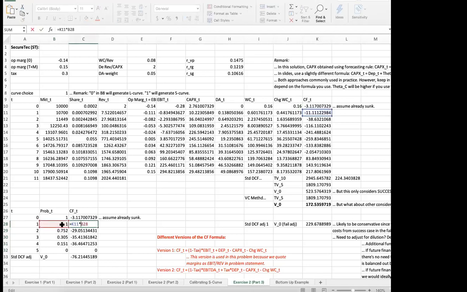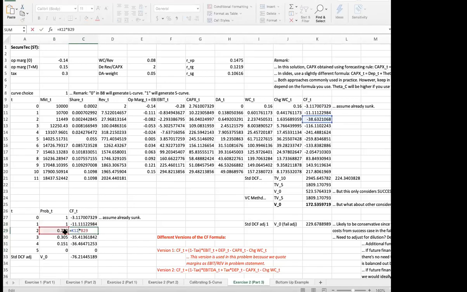So you'll notice I take this Q_t parameter and multiply it by my cash flow forecast conditional on success. So on average for a failure, I also lose 11.1 million in 1 period. But on average, how much do I lose in 2 periods? Conditional on failure, I lose 29 million rather than 38 million.